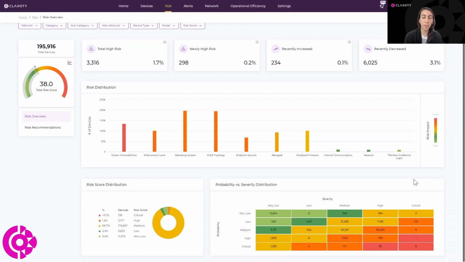So for example, if I have a device and it has a lot of critical vulnerabilities, probably as vulnerabilities is one of the factors, it will get a high score, which will increase the probability of the device to be exploited, and therefore the probability level will be higher. So we have several factors.